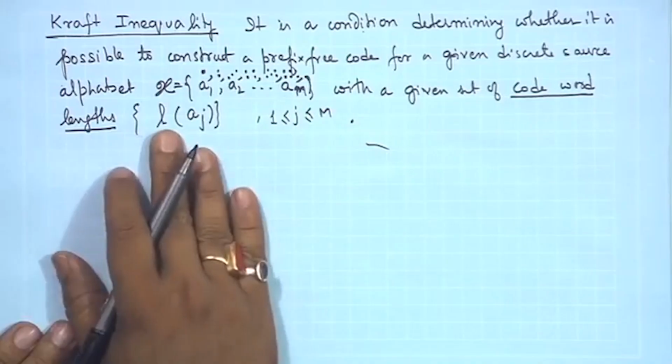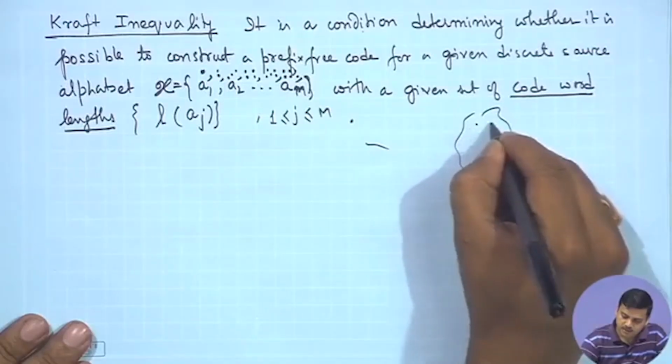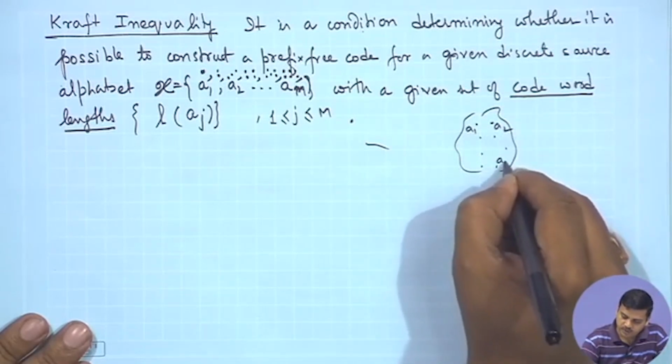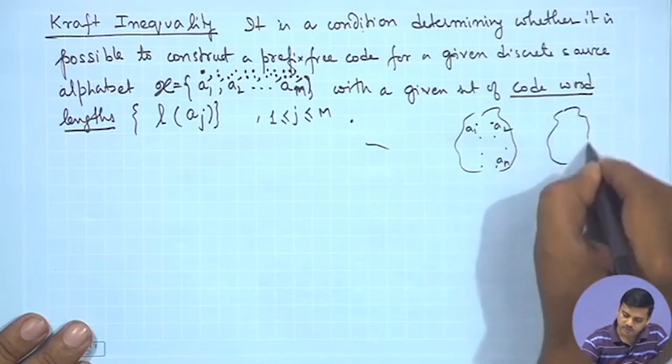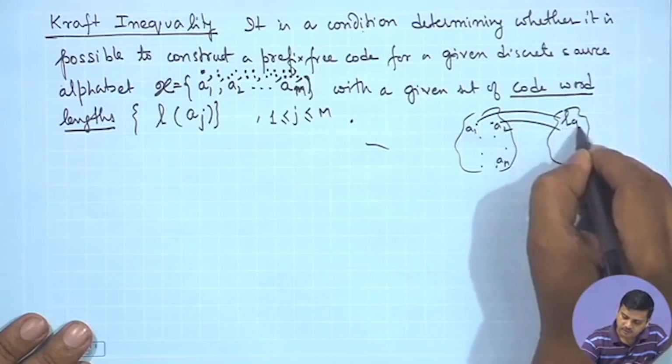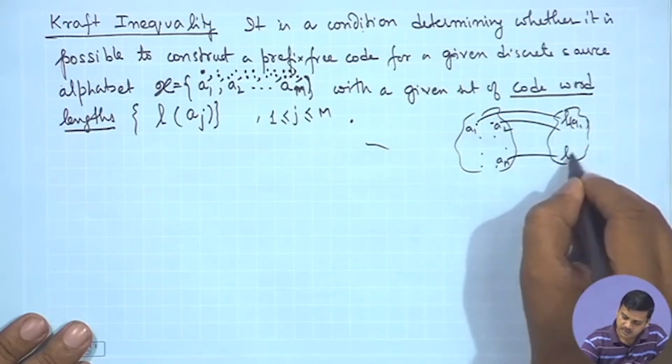So, given these lengths, can you construct codes from them? Look at the construct. I have given you a set of symbols, which is an alphabet, and I have also given you a set of lengths. So, there is a set of symbols A1, A2 up to AM, and I have told you that there are certain lengths, which maps L of A1 up to L of AM.